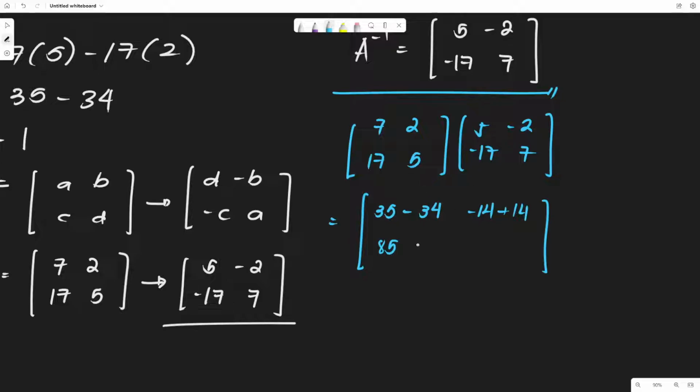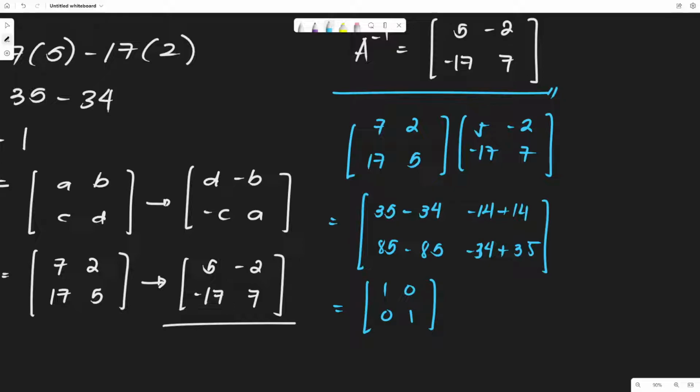Then 5 times negative 17 is negative 85. Then 17 times negative 2 is negative 34, sorry. 5 times 7 is positive 35. So this is equal to, of course, 1. Then negative 14 plus 14 is 0. 0 and 1. So the identity matrix came out, which means this is the correct inverse.